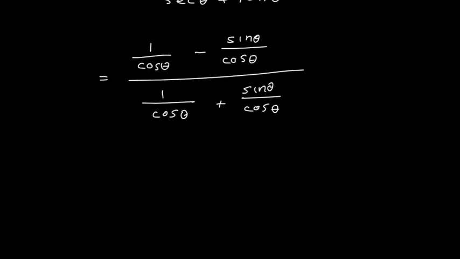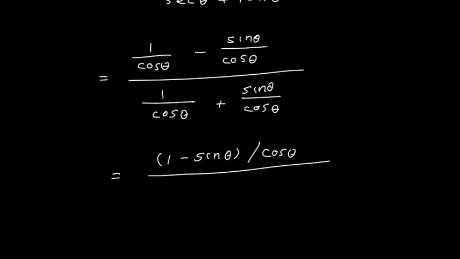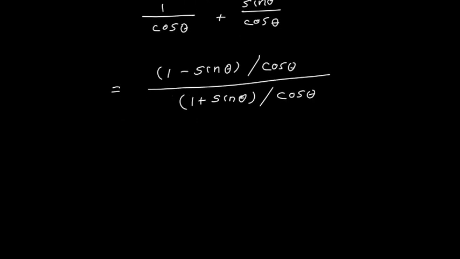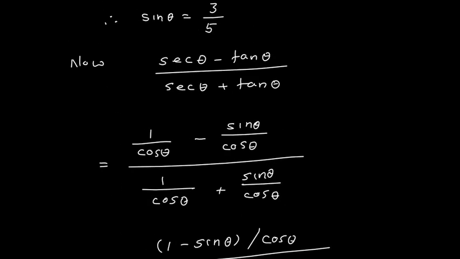Now this numerator is 1 minus sin theta whole divided by cos theta, and the denominator is 1 plus sin theta whole divided by cos theta. Now cos theta will cancel, and we have in the numerator 1 minus sin theta, and in the denominator 1 plus sin theta.